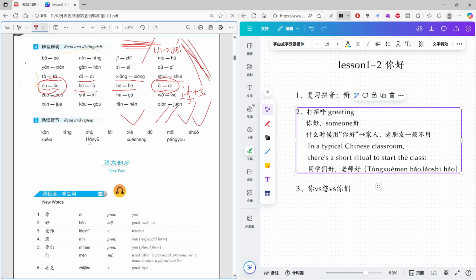Okay, so the first pair is O and O. Yeah, don't forget to move your fingers or your head. O, right?